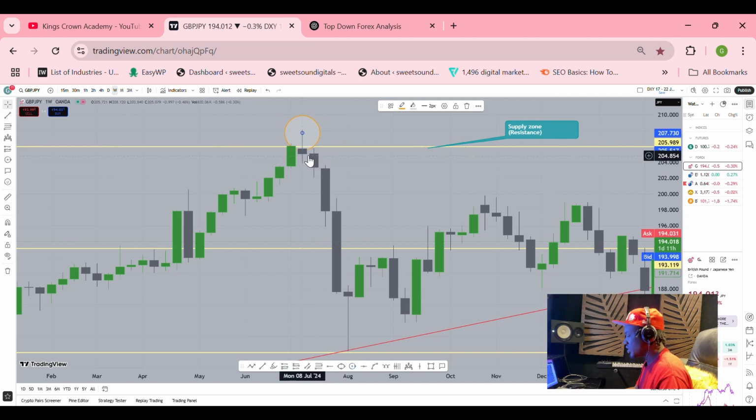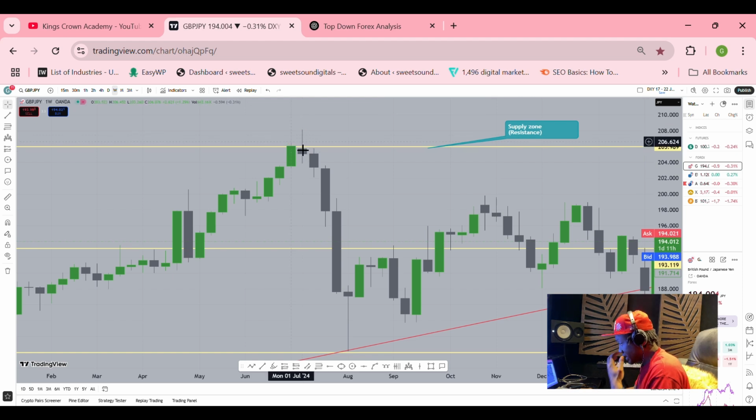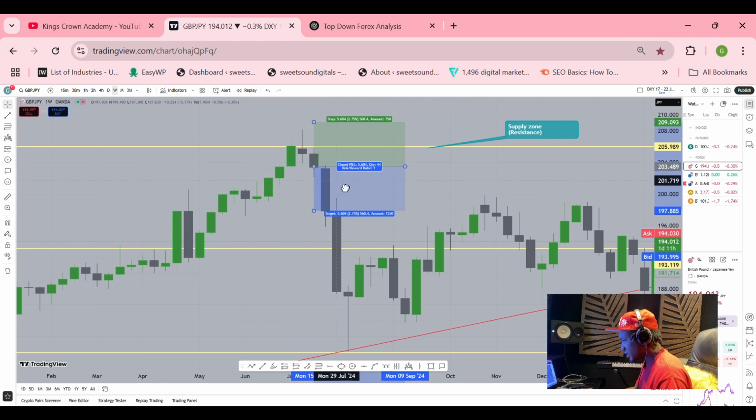Now based on CRT, and this is a weekly candle, price has taken out this week's high near this resistance zone. So we could have easily caught this trade, entering here, putting a stop loss above here, targeting the next zone. This is a 4-hour trade.